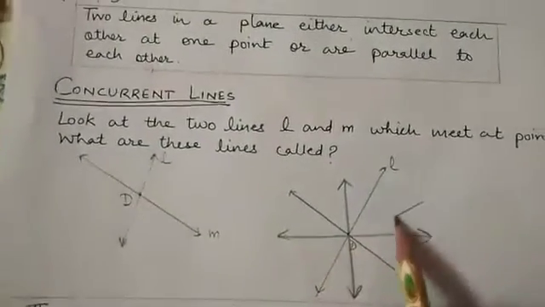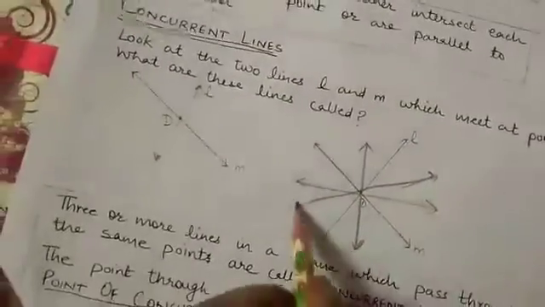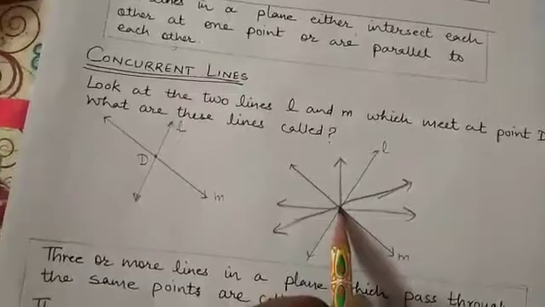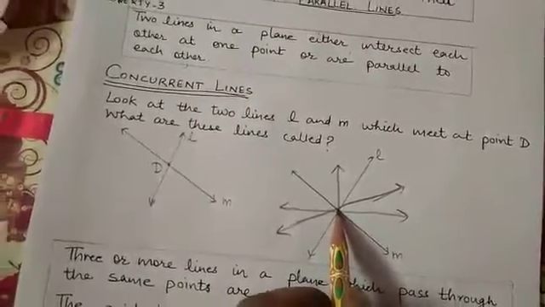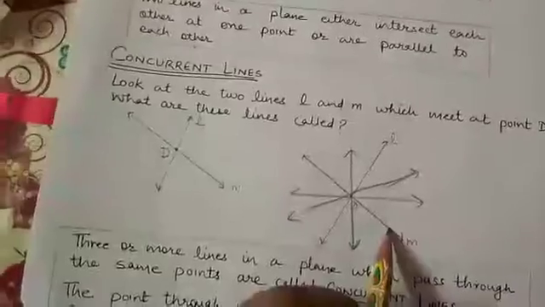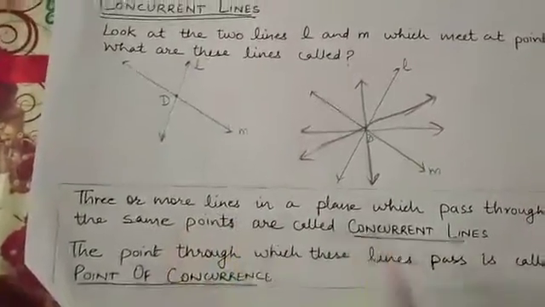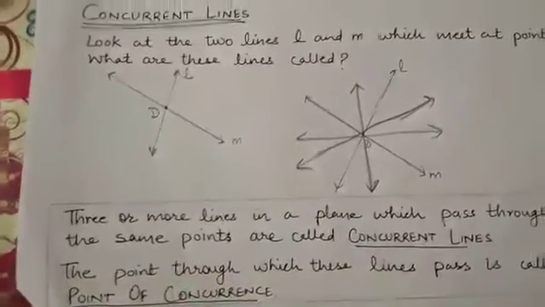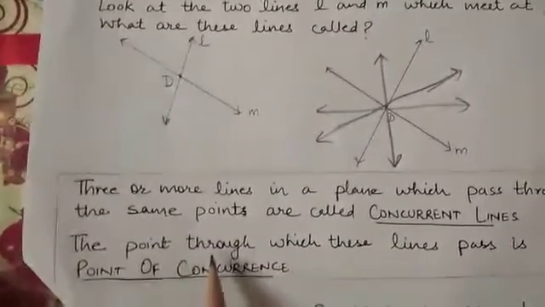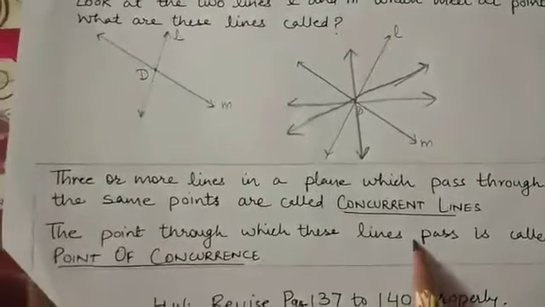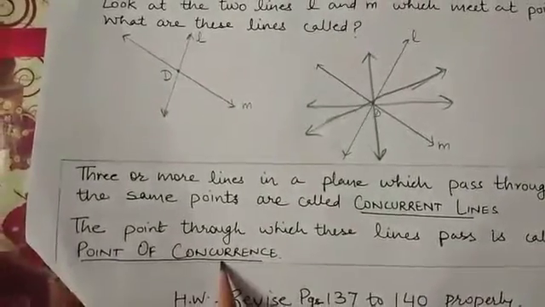Yes, one more. I can draw so many lines passing through the same point, and if there are more than two lines, that is a minimum of 3 or more lines in a plane which pass through the same point, they are called concurrent lines, and the point through which these lines pass is called the point of concurrence.